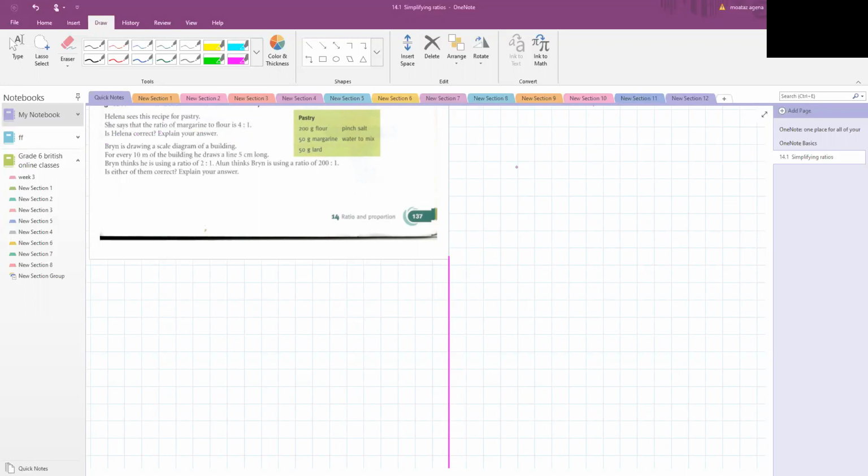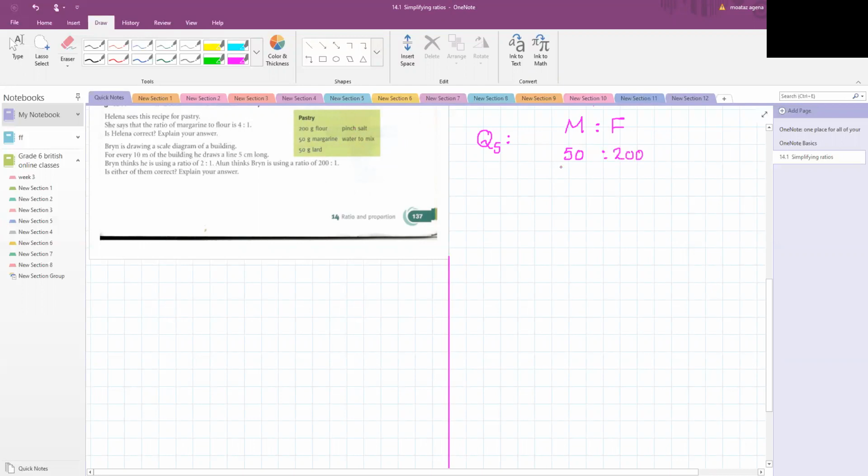So, let's write here question 5. She said the ratio of margarine to flour is 4:1. We will check. Here in the green box, we will see the margarine is 50 gram to flour is 200 gram.